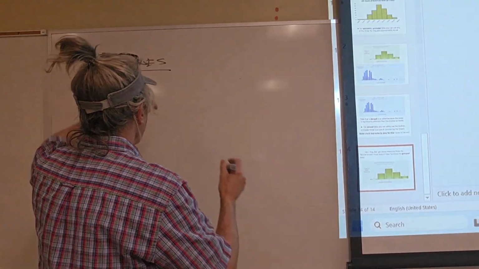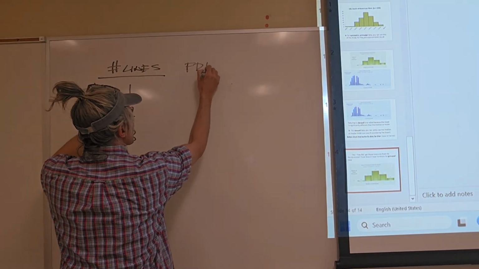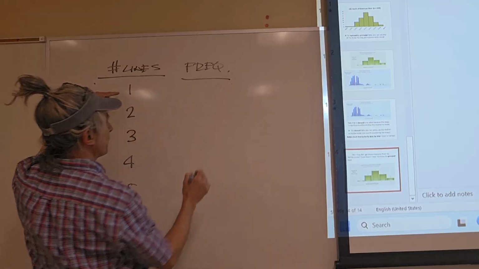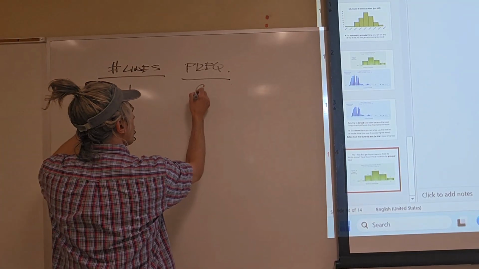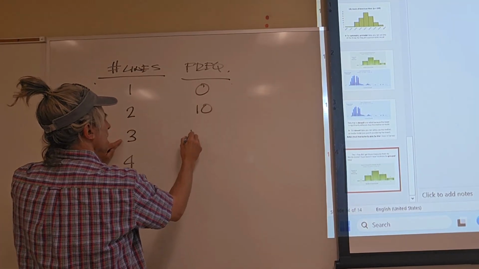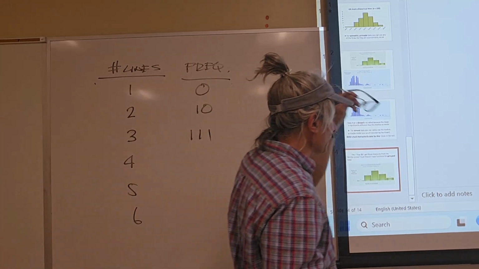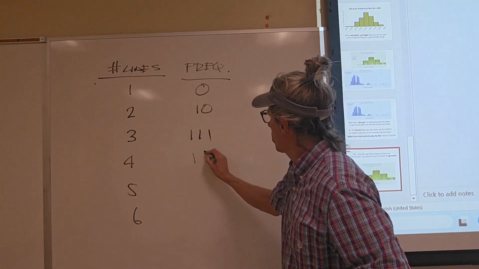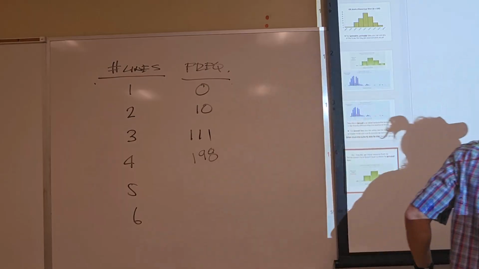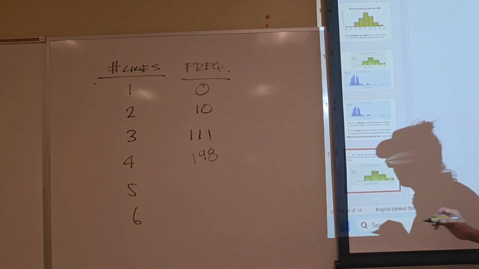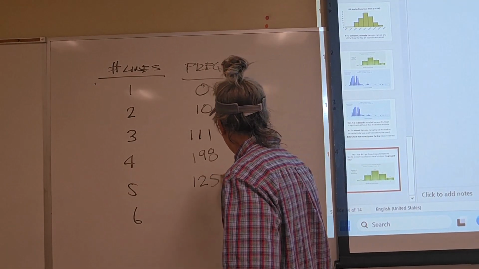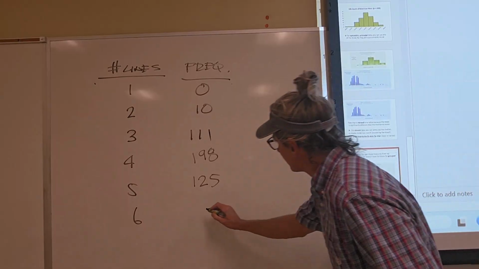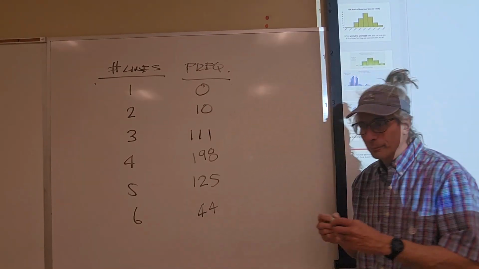Now we're also going to have a frequency column, which is going to tell us how many of each of those there are. So there are no ones. There were 10 twos, 111 threes. Let me go back and look over here. Looks like 198 fours, 125 fives, and 44 sixes. Okay, beautiful.